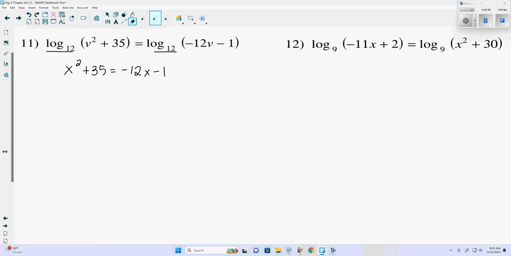Now, since it's a quadratic, we do have an x squared term, v squared term. We have to get this equal to 0. So we could do that. I normally tend to move everything towards the x squared. Add 12x, because I want to keep that x squared, that quadratic term, positive if I can.